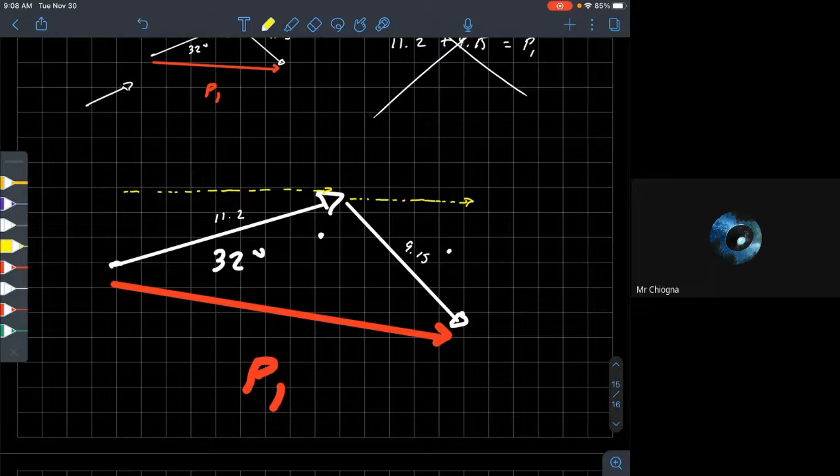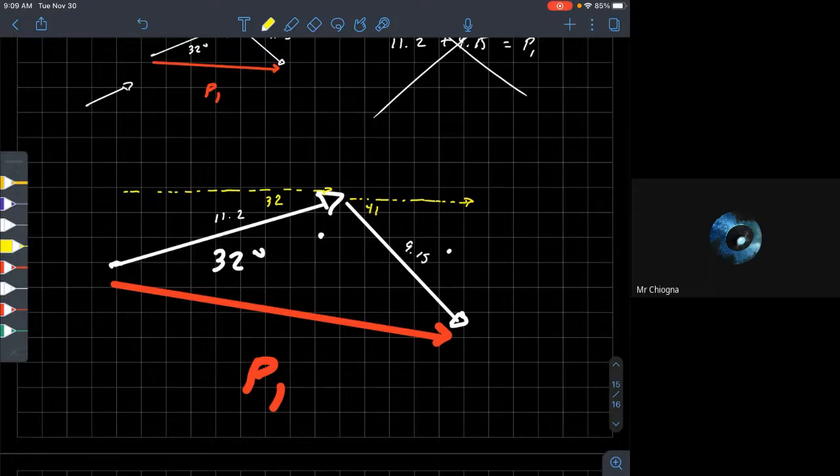The angle here is 32. Is that 32? Yes, that's 32. The angle here is given. That's 41.